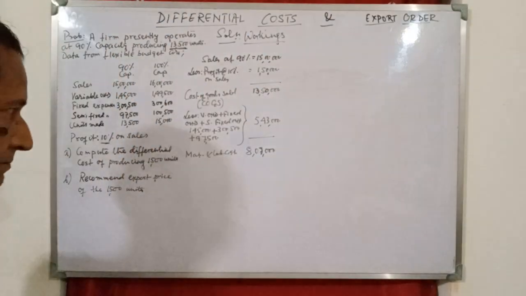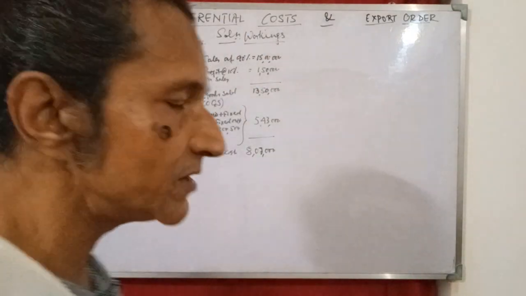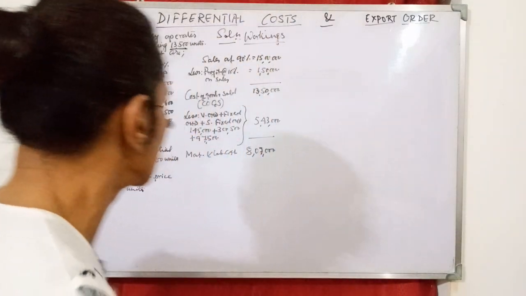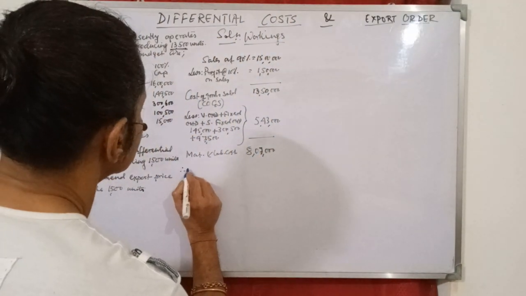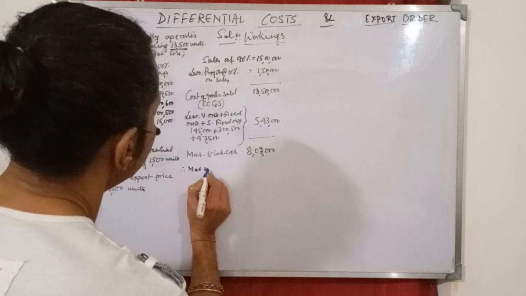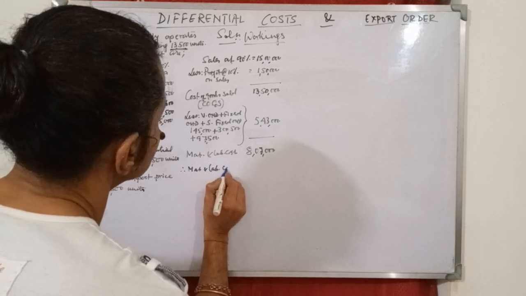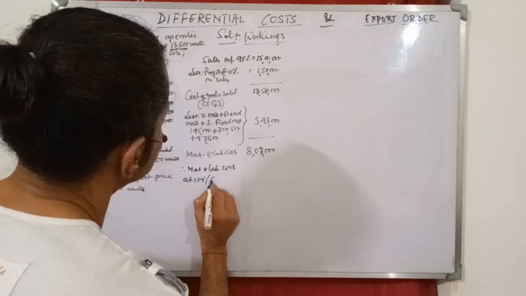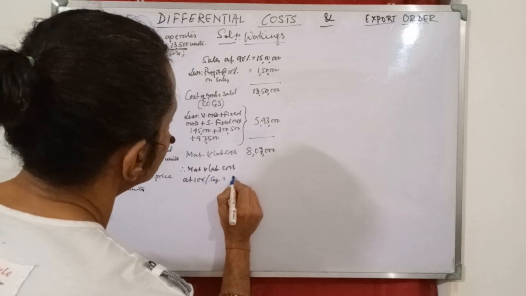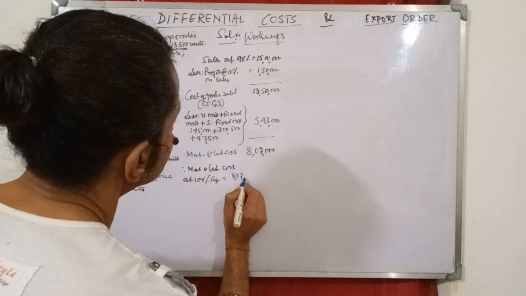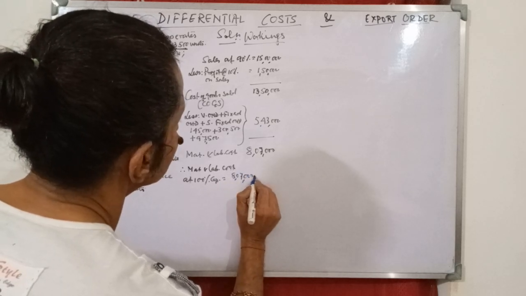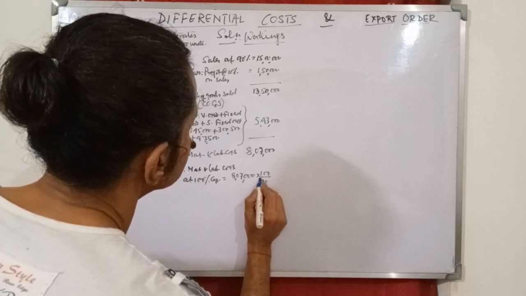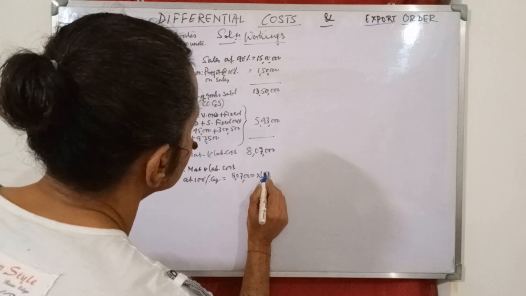So what would be the material and labor cost when the firm operates at 100% capacity? Therefore, material and labor cost at 100% capacity is equal to 807,000 into 100 over 90.